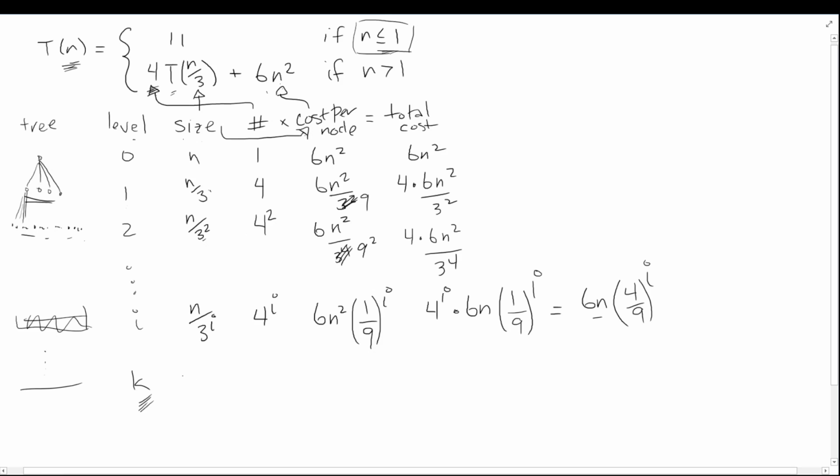Now, I'm going to write this in two ways. First of all, this pattern that we identified on level i is still going to apply on level k. And that's going to be important in a few of these columns. But in this column, we could write it as n over 3 to the k. If this is the size, well, we're assuming it's less than or equal to 1.